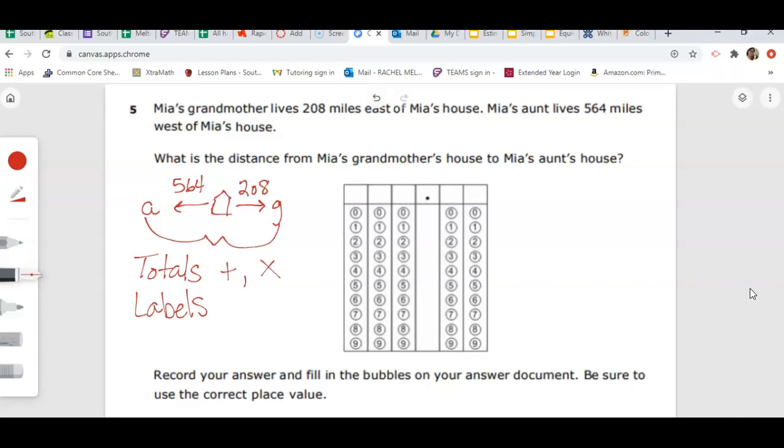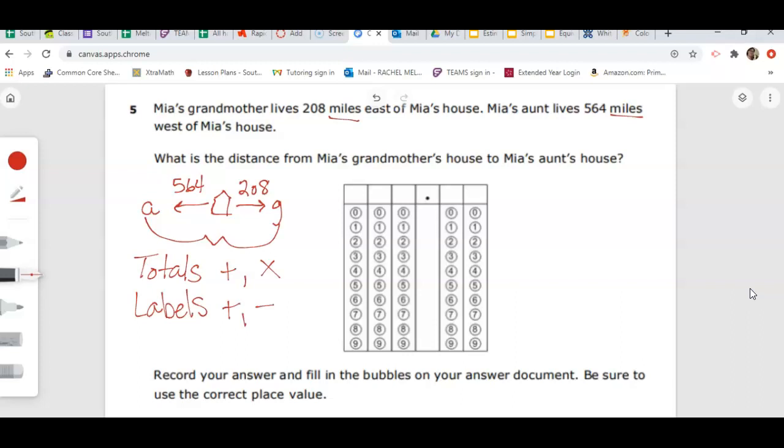Next as I look at my labels, remember we always have numbers, but the labels tell us what the number means. So 208 what? Miles. 564 what? Miles. So both of those are the same labels. If they're the same labels, I can add or subtract.